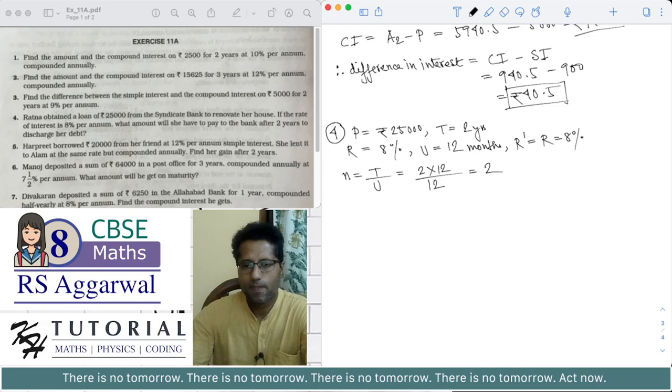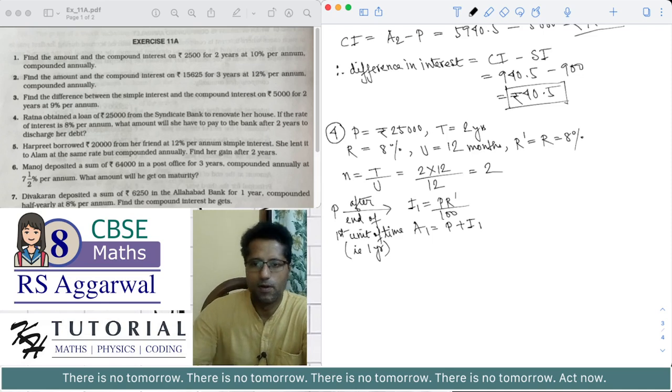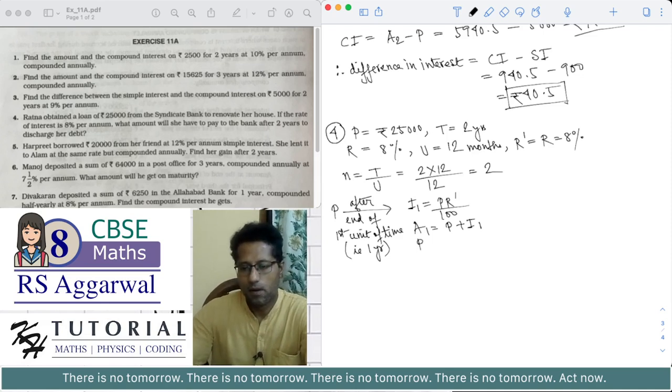So we have P. At the end of first unit of time, that is 1 year, we have the interest I1 is equal to P R dash by 100. The amount A1 will be P plus I1, and the next principal P1 is equal to the current amount.